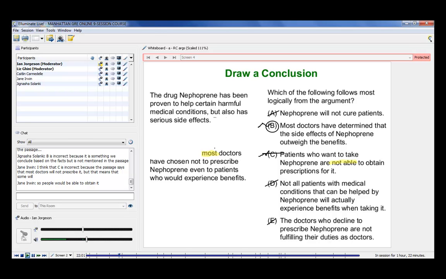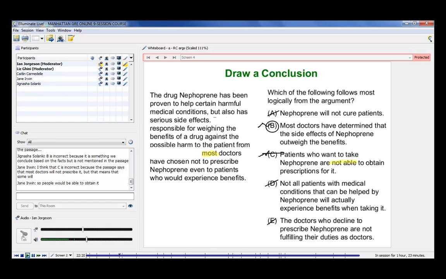Just because it has serious side effects and most doctors have chosen not to prescribe it, that does not guarantee that those two facts are related, right? It's entirely possible that the reason they've chosen not to prescribe it has nothing to do with the side effects.